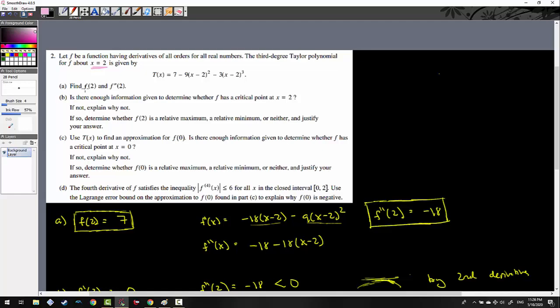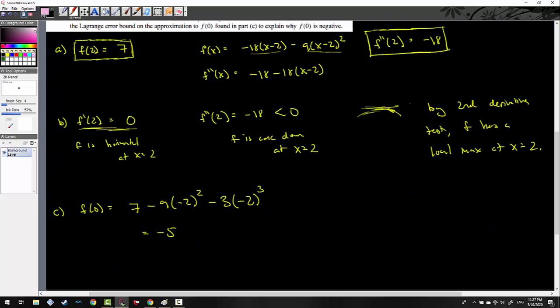We can only really assume that this Taylor polynomial is only accurate about x equals 2. We haven't found any kind of radius of convergence, so we can't make an assumption about how accurately this polynomial represents its particular function. At 0, you could be way divergent from what your polynomial is meant to represent.